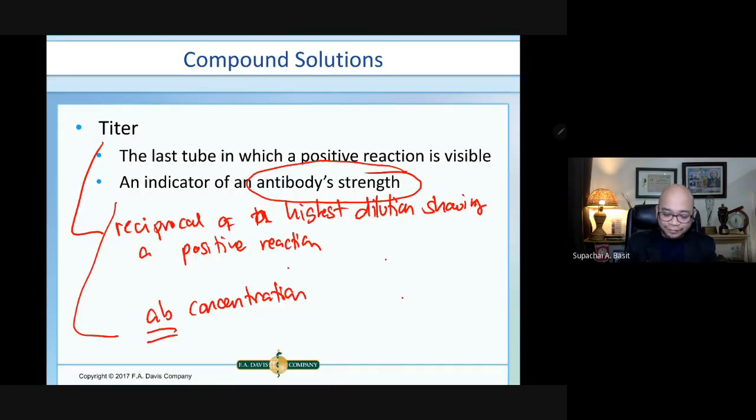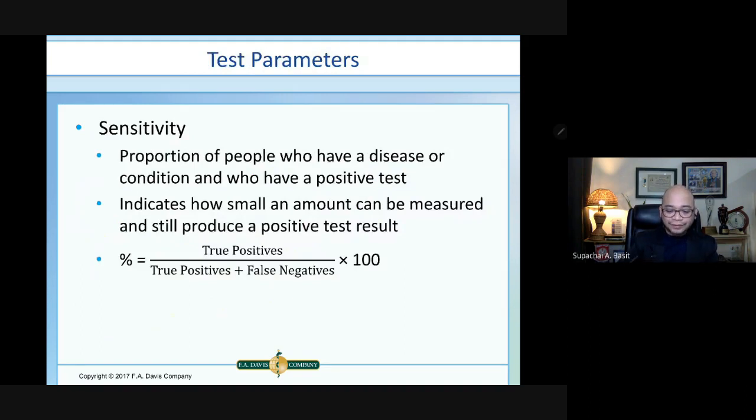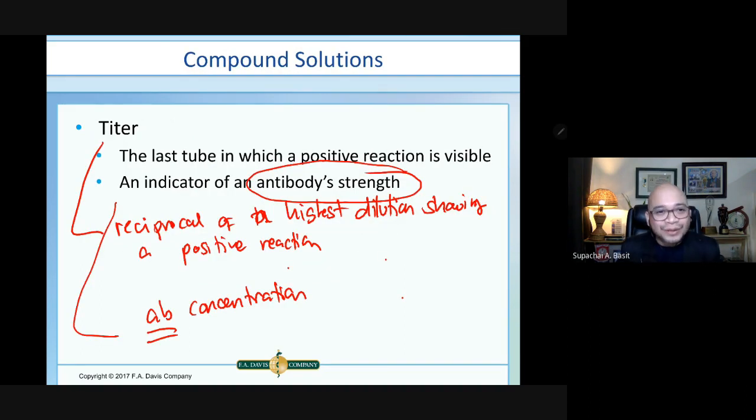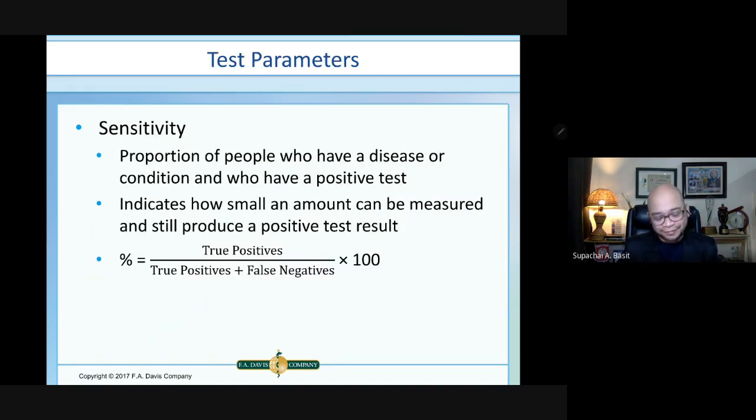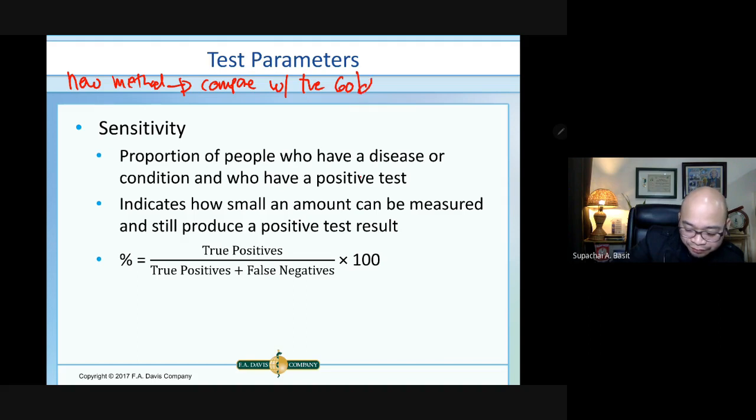Okay, so let's talk about test parameters. Okay, what is the importance of test parameters? Test parameters are important so that, for example, if you have a new method, test parameters will allow us to compare it with the gold standard.